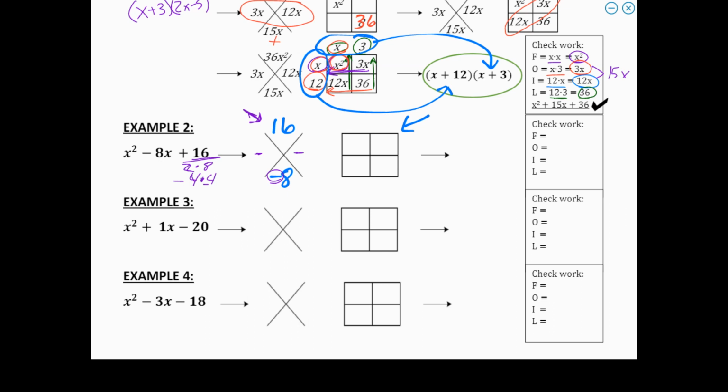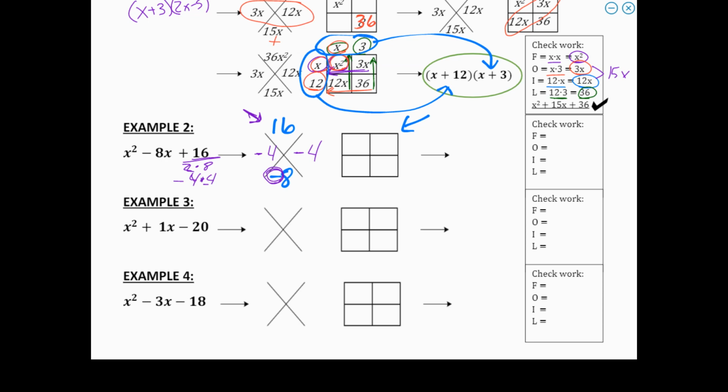Can you say that one more time? So if the top number is positive, your factors will both be the same sign as whatever your bottom number is. So you said it's -4 and -4.